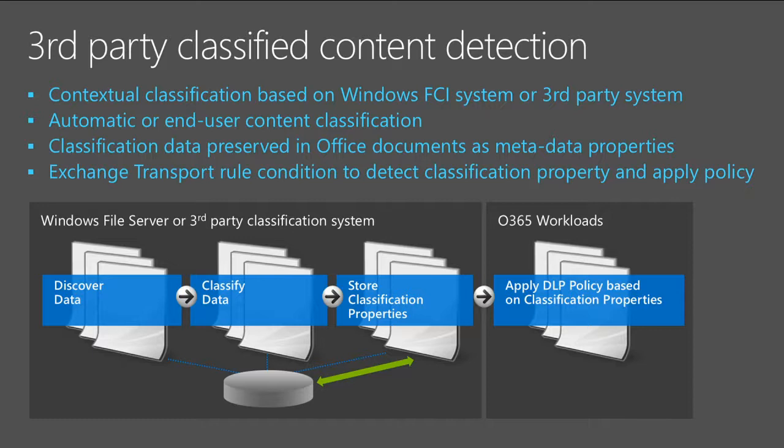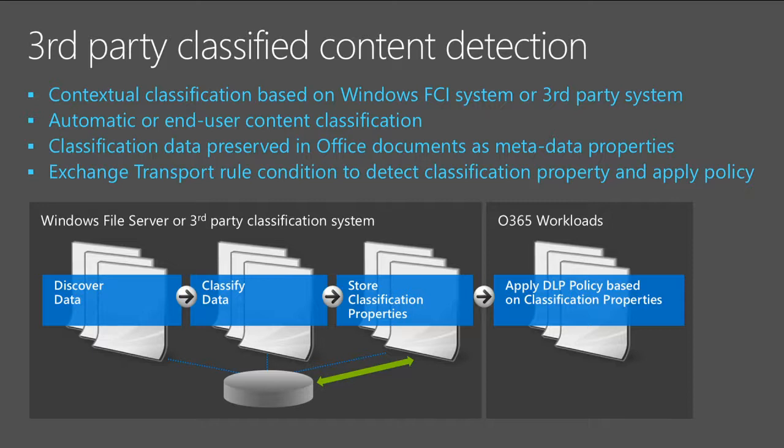And actually, some of the existing DLP vendors leverage FCI to analyze their content. Another interesting scenario is around being able to have file servers where users will place sensitive content in different locations, and based on those locations, the content is classified a certain way.